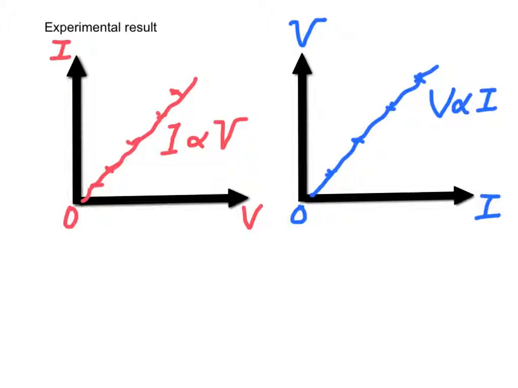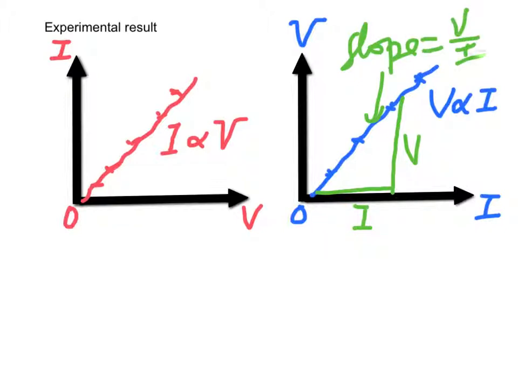And the slope of the graph, V over I, is a constant value, and we call the slope the resistance of the irregular wire.